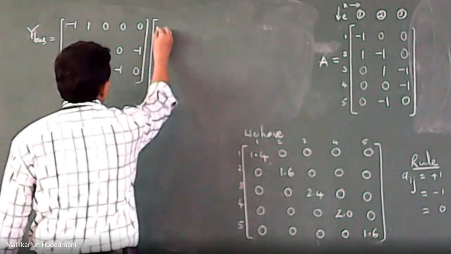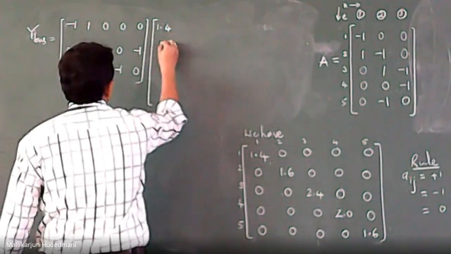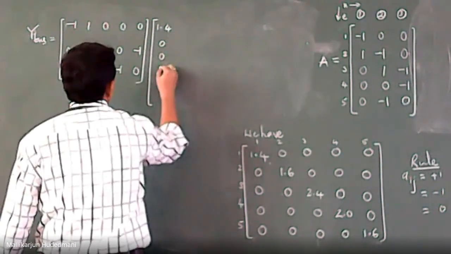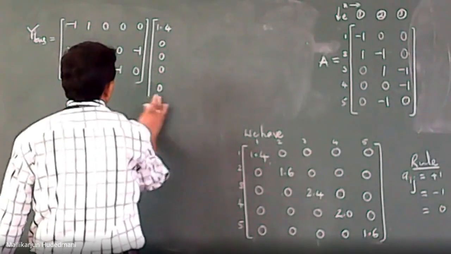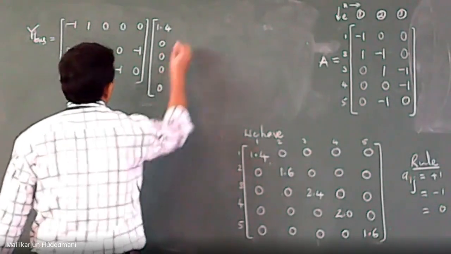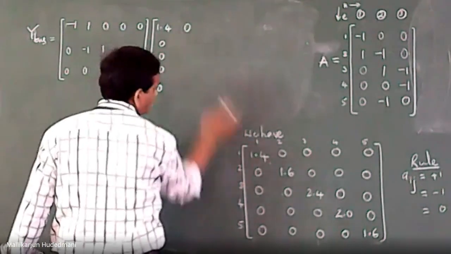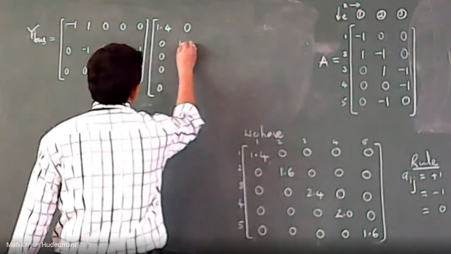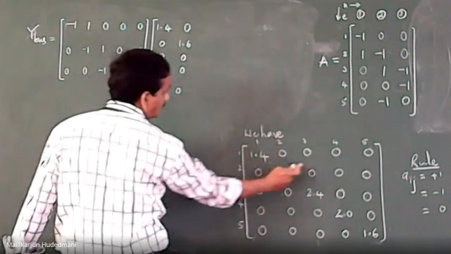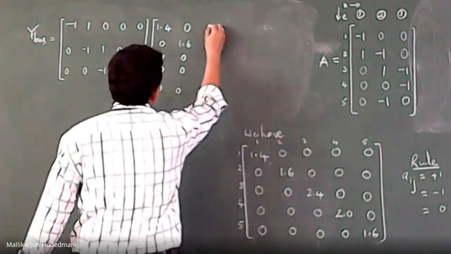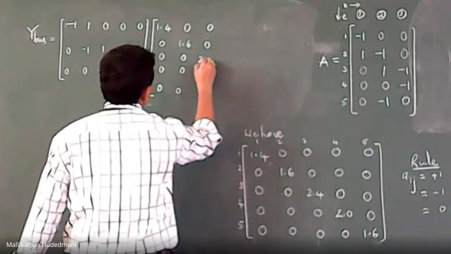This is 5 cross 5: 1.4, 0, 0, 0, 0. All the 5 elements I put here. Okay. Second element is 0. Second is 1.6, 0, 0, 0. And third row 0, 0, 2.4, 0, 0.